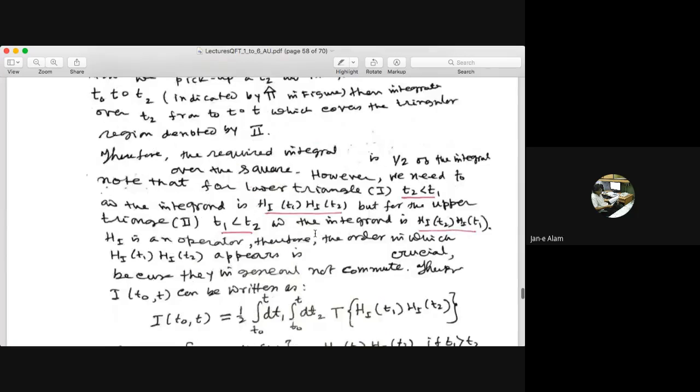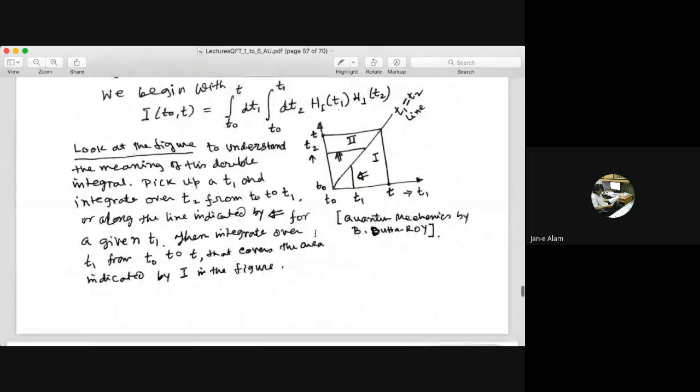But remember, when you are doing the integration, this part is very crucial. In the lower triangle, in region 1, T1 is greater than T2. In the upper triangle, T2 is greater than T1.